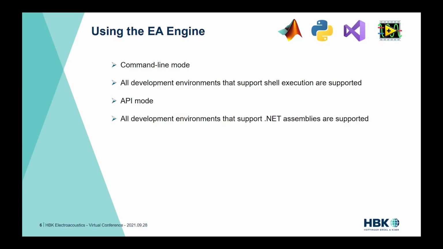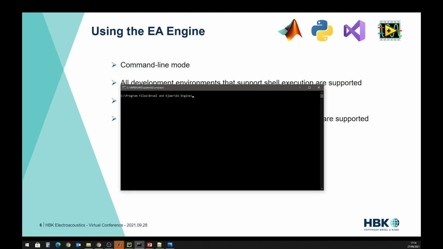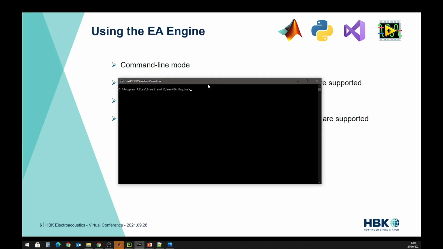The e-engine can be used directly in command line mode. No need for any other software. Just a text editor to manipulate the configuration files. For example, in a command prompt, I can call the e-engine program with some arguments. It returns the e-engine version number and asks to press enter to exit.